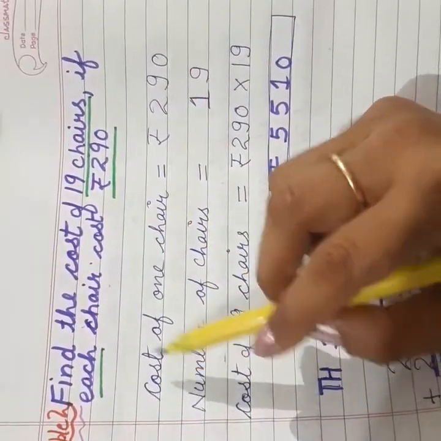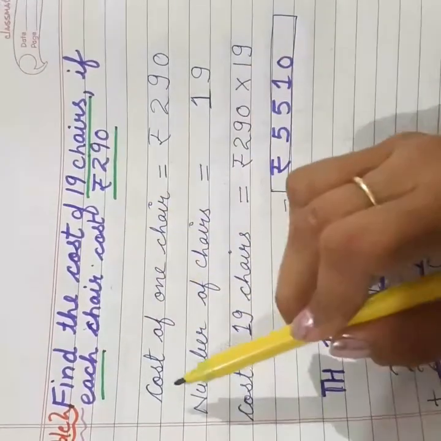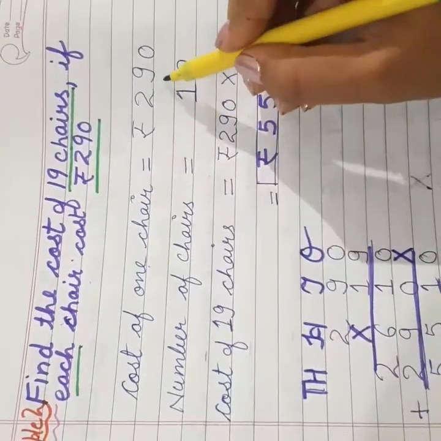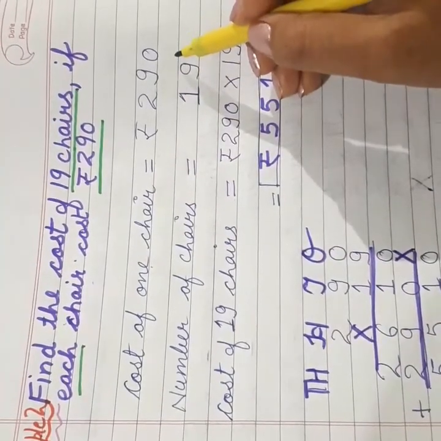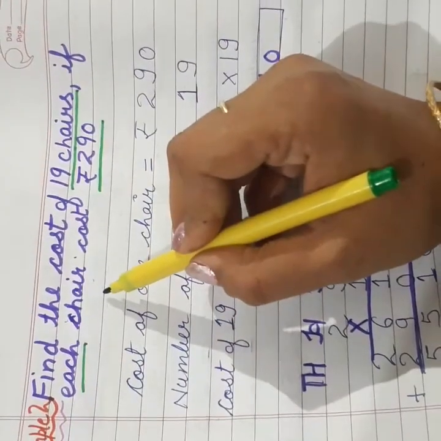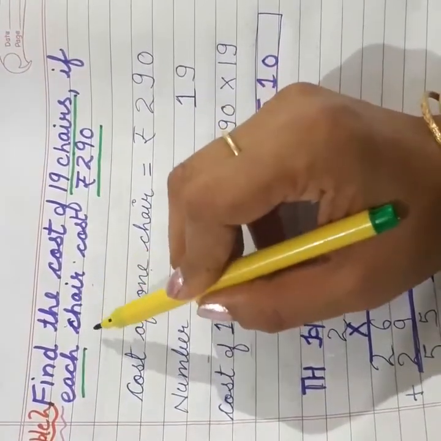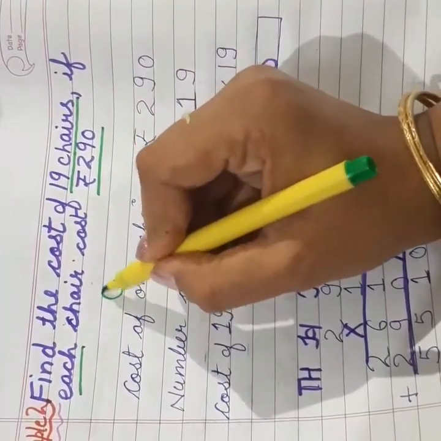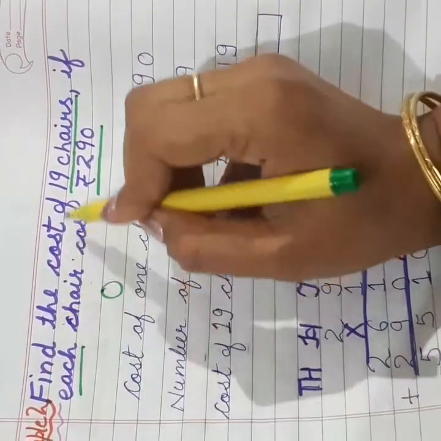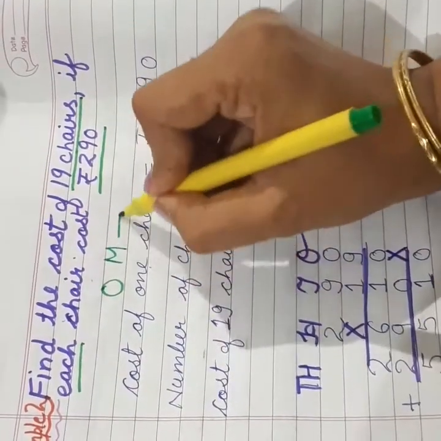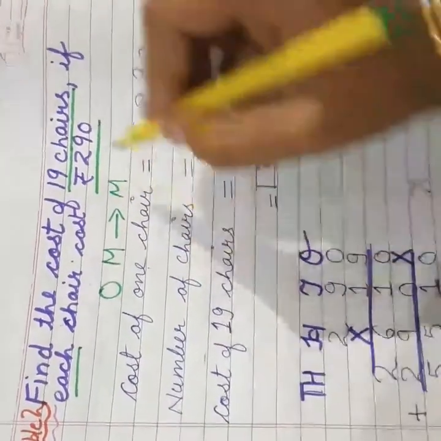So you will write: cost of one chair is rupees 290. As we are given the cost of each chair, and we have to find the cost of 19 chairs, we are again going from one to many, so again we have to multiply.